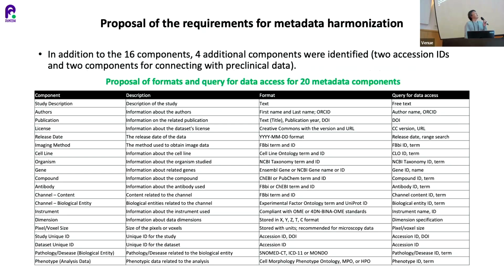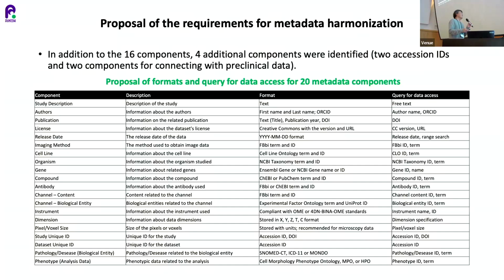Okay. And finally, the original 16 components that are shared by all three of our repositories, and the 4 additional components from the use case and ontology discussion, are listed here: the study ID, dataset ID, pathology, disease ID, and phenotype ID.